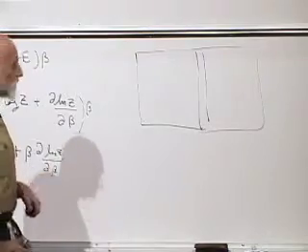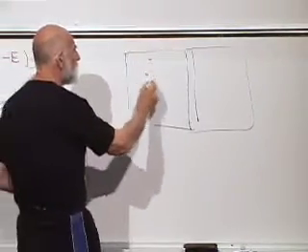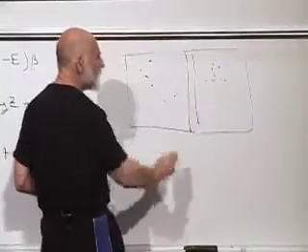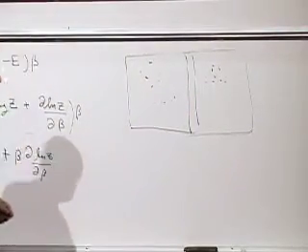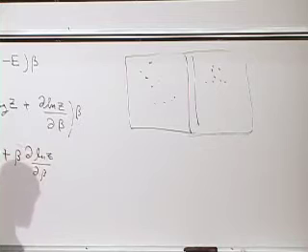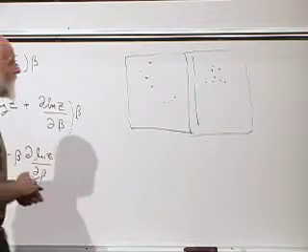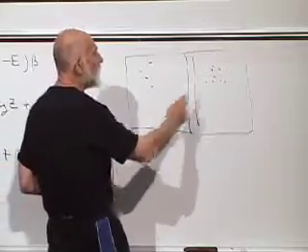This is just an example. A movable partition with gas on both sides. And the partition is free to transmit energy between the two parts of the system. Then it will have pressure on it from both sides.